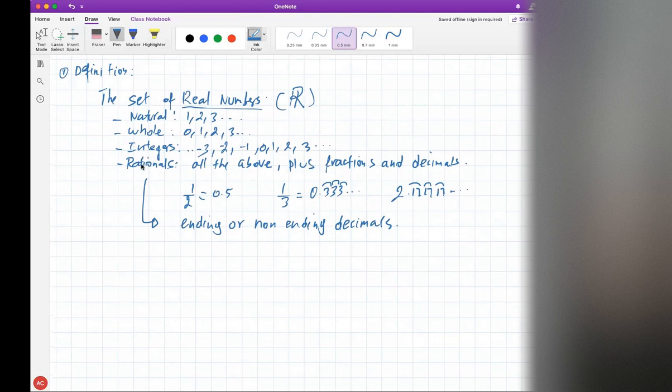And there's one more group. It's basically the opposite of this. Here we see that the decimals either end or repeat. Sometimes they never end and they never repeat. They just keep generating random digits. So that would be the opposite of rational numbers. What is the opposite of rational? Irrational. That's right.